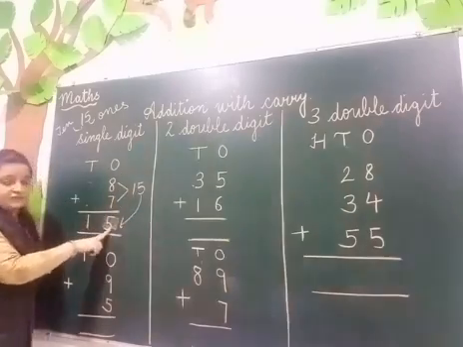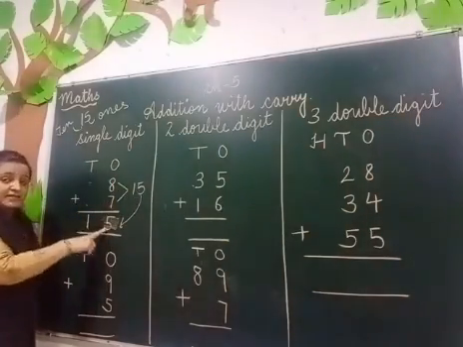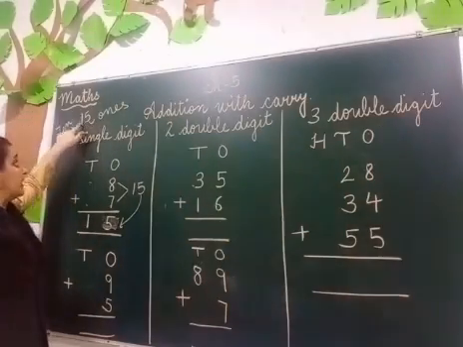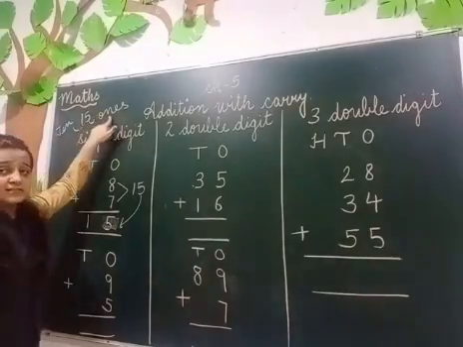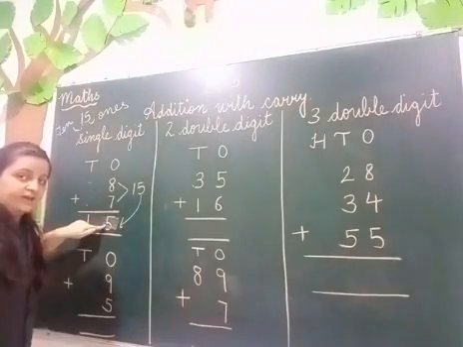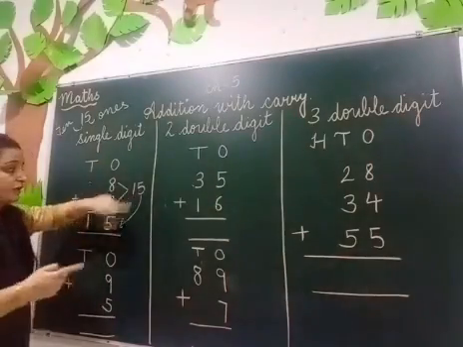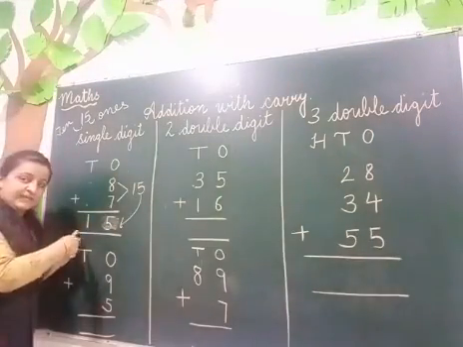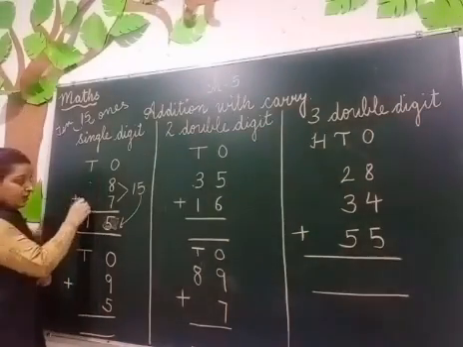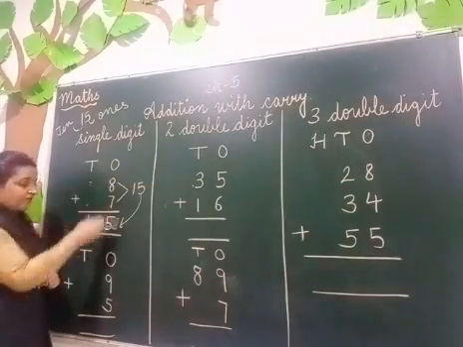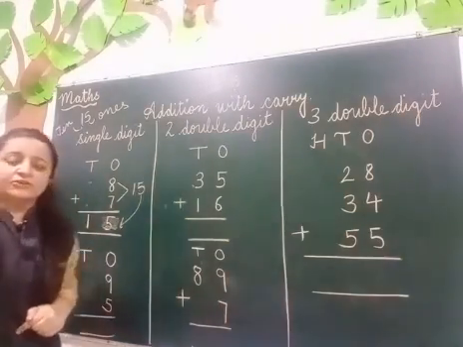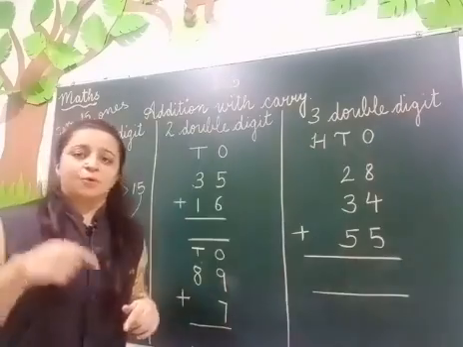We can't write 15 like this at the ones place because this 15 consists of 1 10 and 5 ones. So ones वाली जगह पे सिर्फ हम 5 लिखेंगे and this one will go to 10th place as carry. Okay, I have no digit here to add, so I will write directly 1 over here. Getting, children?